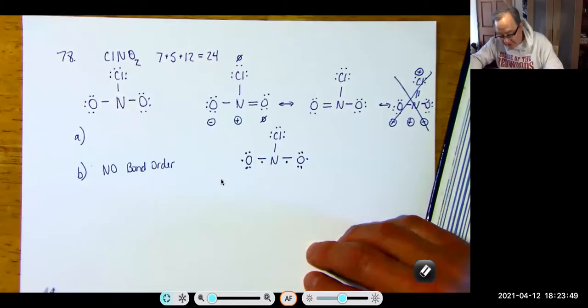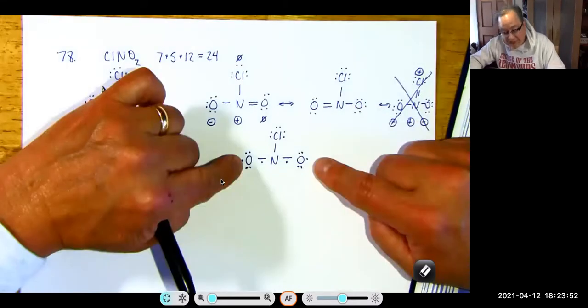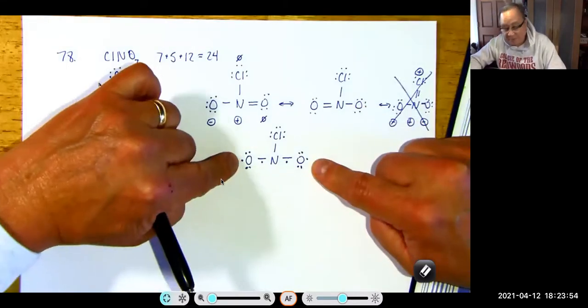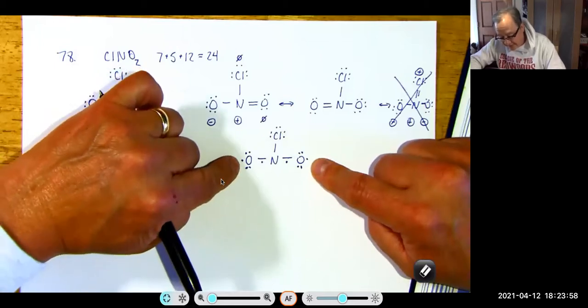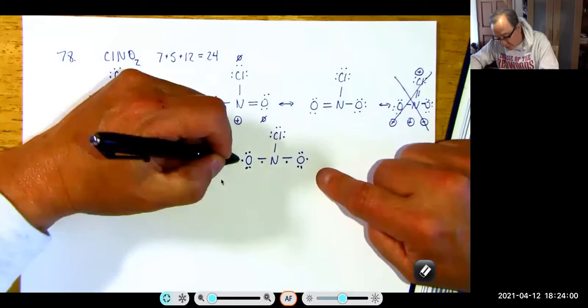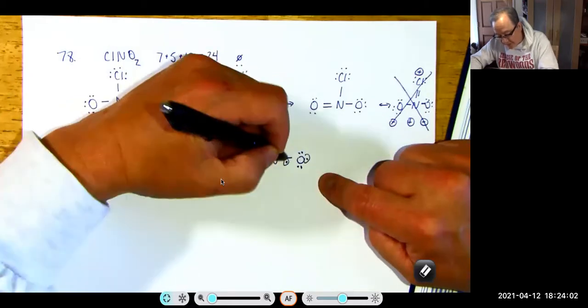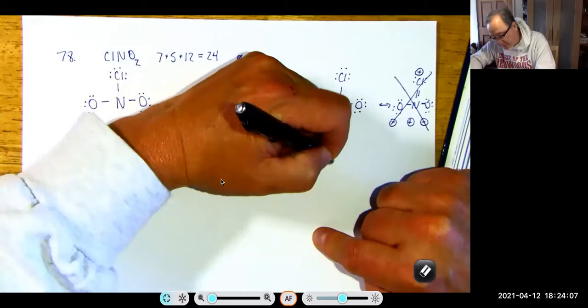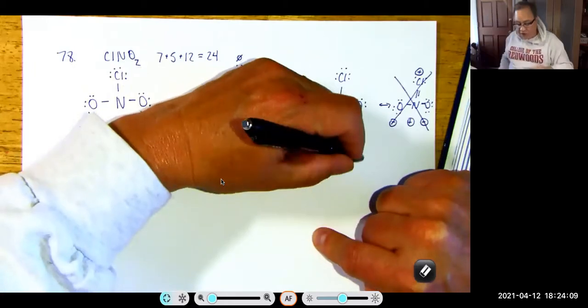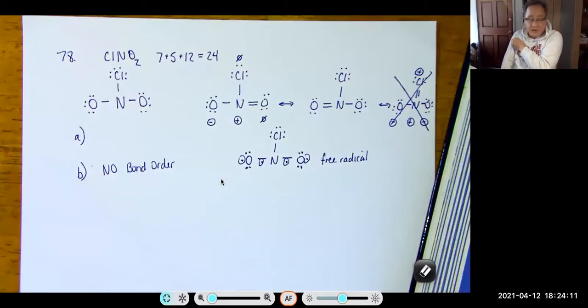So that's what the molecule really kind of looks like, but we can't draw this. And the reason we can't draw this is that when you have a single electron like this, or this, or this, or this, it's called a free radical. And free radicals are extremely reactive. They're bad, bad, bad molecules.